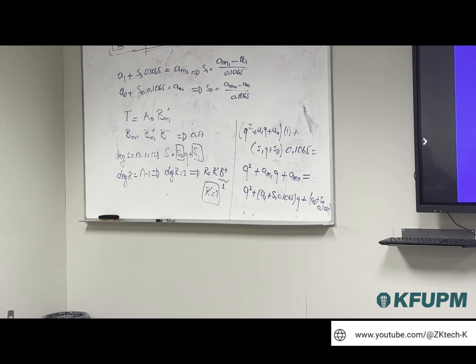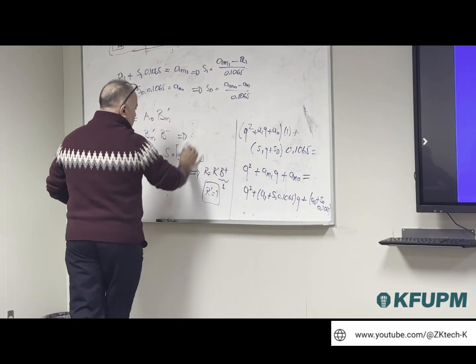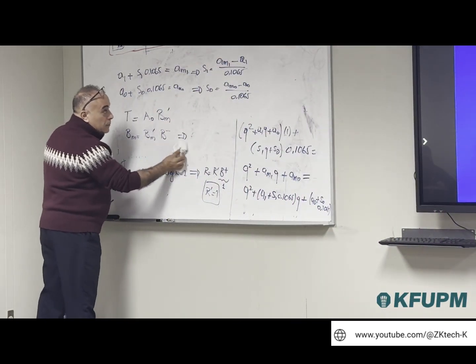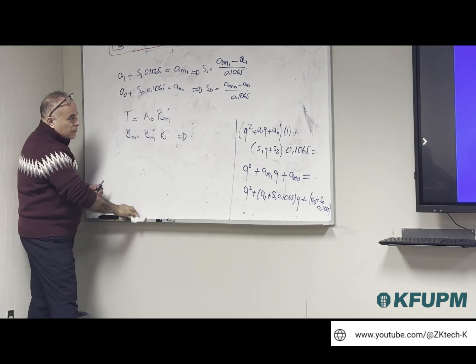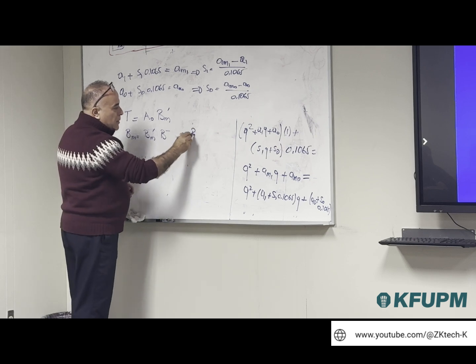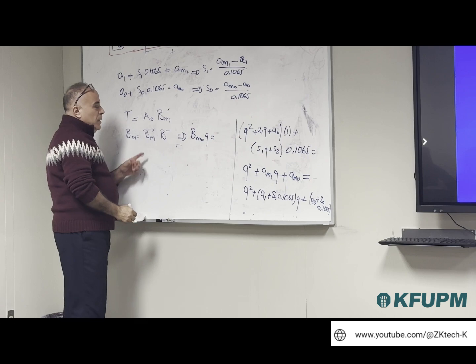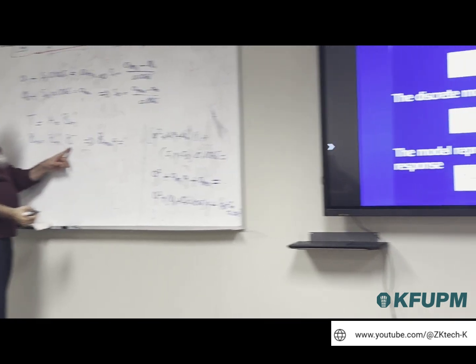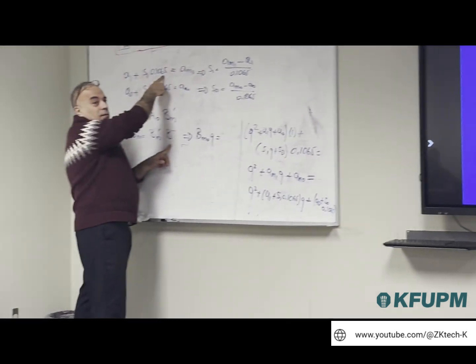It's equal to Bm0 times Q. So I'm going to write it as Bm0 times Q. We have Bm0 times Q is equal to Bm prime times B minus, which is 0.1065.